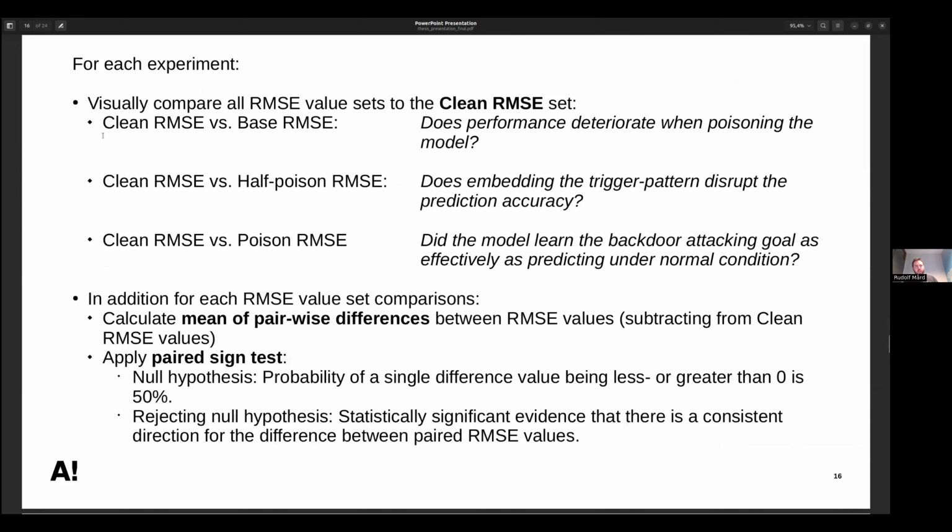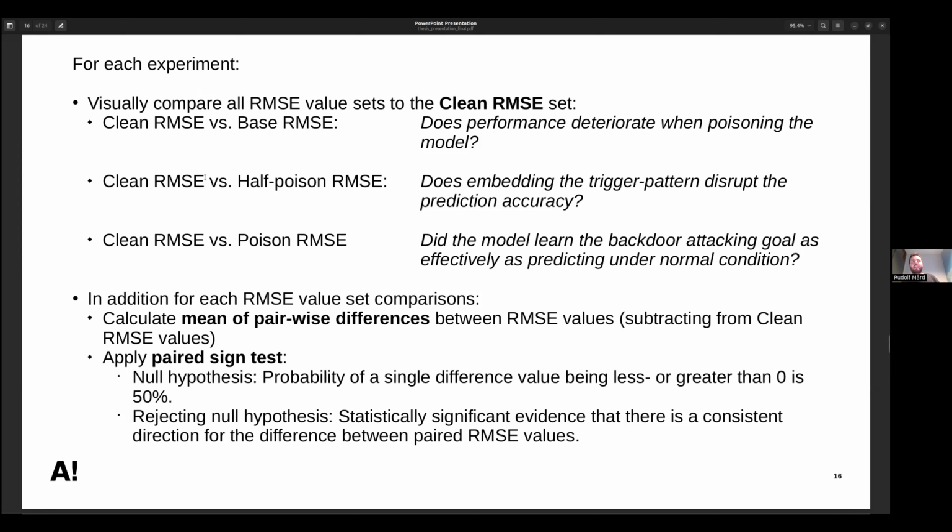So the first comparison would be the clean RMSE set versus base RMSE set. Basically, this tries to answer the question of, does the performance deteriorate when poisoning the model? So comparing the performance of clean model and poisoned model on clean test data.